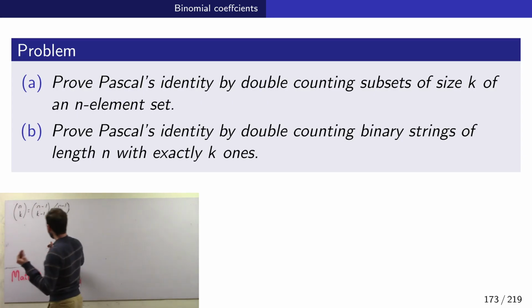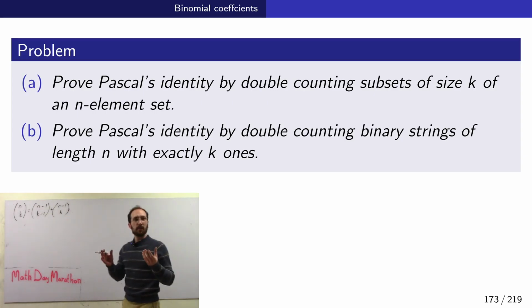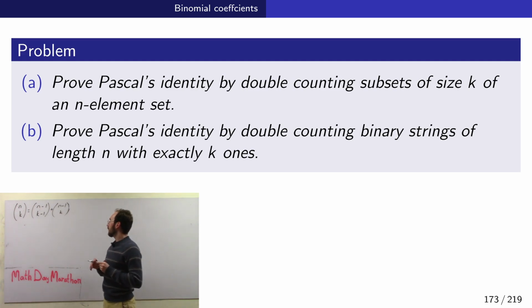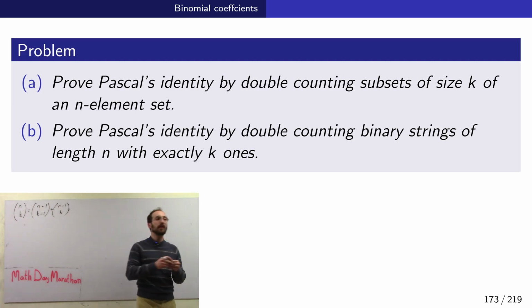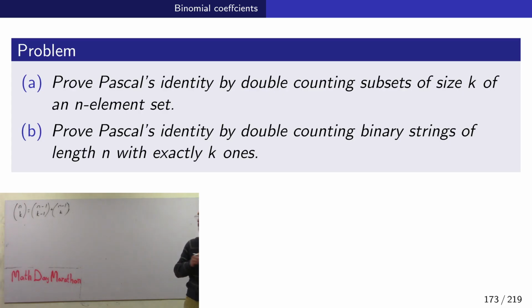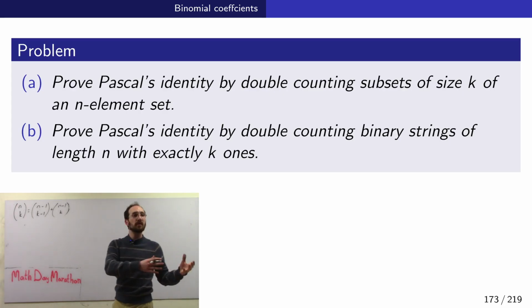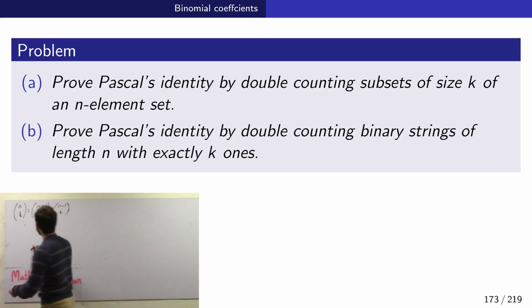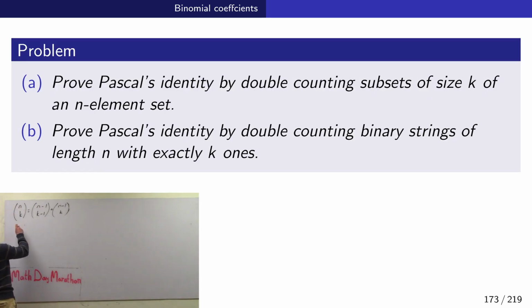This is my favorite element of the set of size n, and I'm going to take the sets that either include this element or don't. So let's write that down.